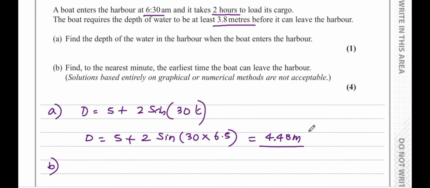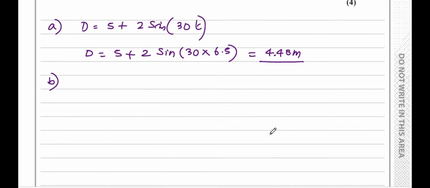All right. So what we need to do here is, the minimum amount of water that's required is 3.8 meters. So let's put that as 3.8 is equal to 5 add 2 sine 30t. So we will now solve for different values of t, and then we will see the earliest time when the boat can leave, right?